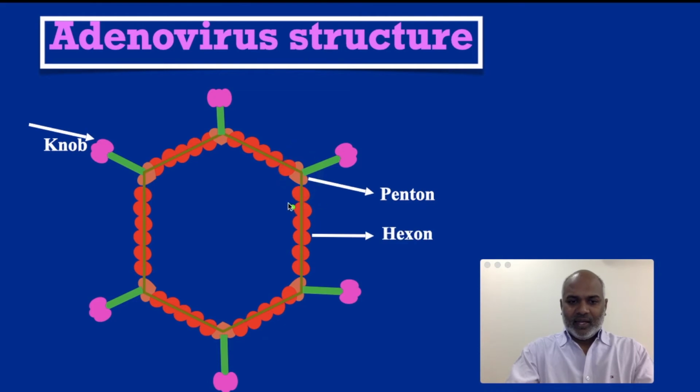So you have three types of viral proteins involved in building the adenovirus structure: the knob protein, the penton base, followed by the hexon. The knob is attached to the penton base with the help of a fiber.